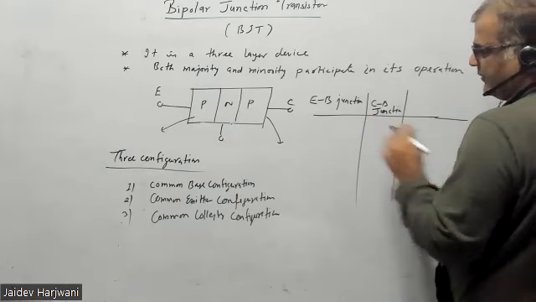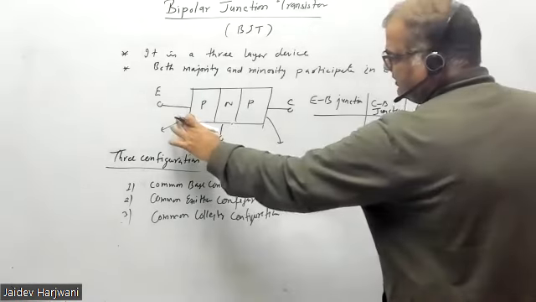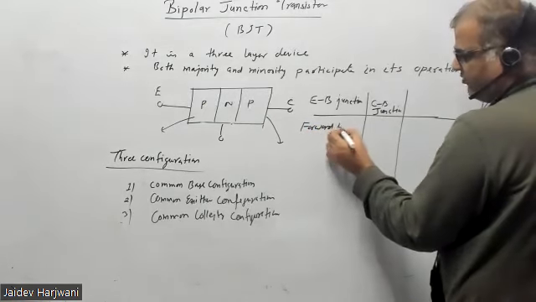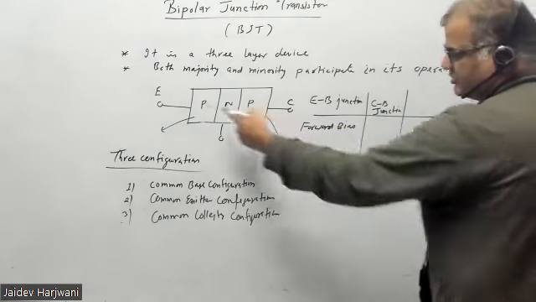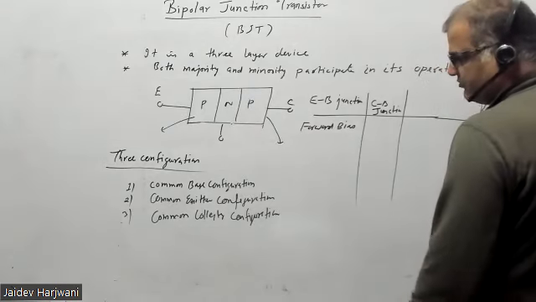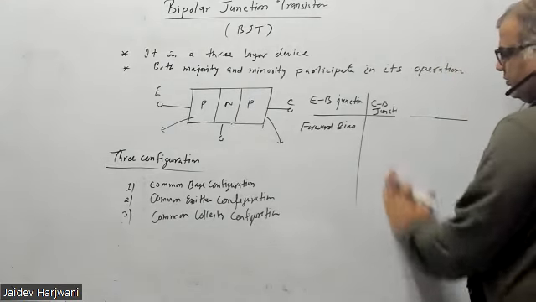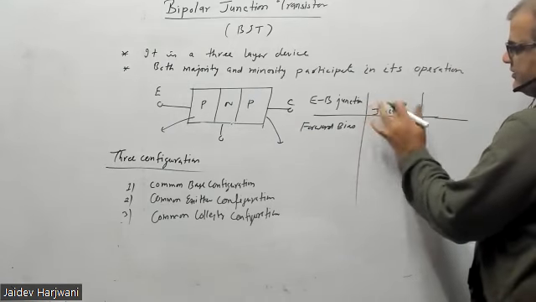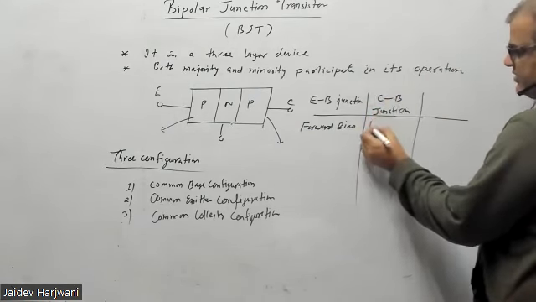I can make the EB junction forward biased. You understand the meaning of forward bias: P connected to the positive battery and N connected to the negative battery. And you can make the CB junction reverse biased.